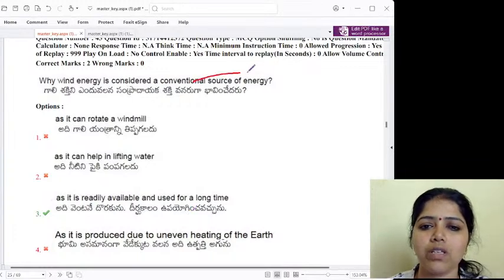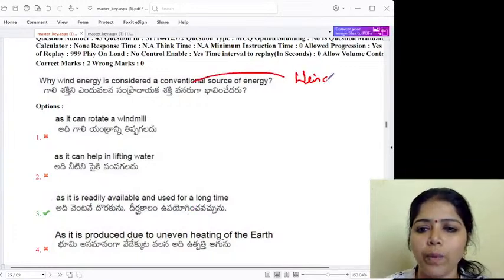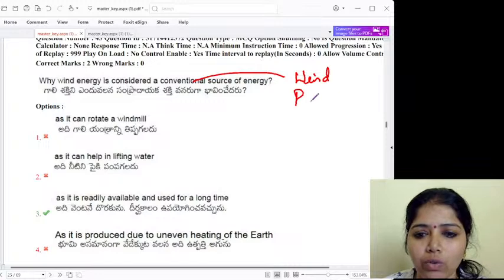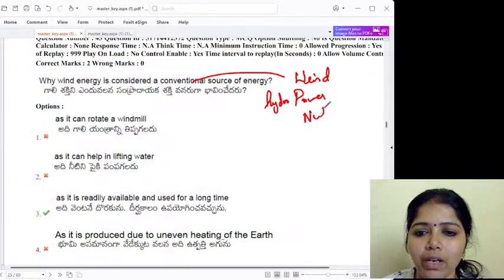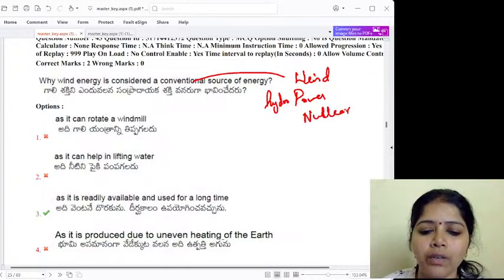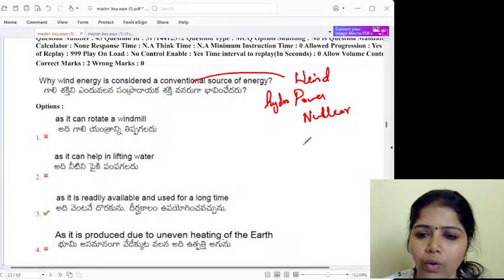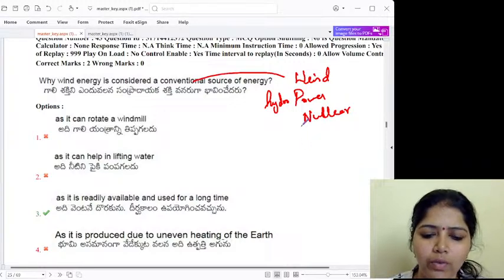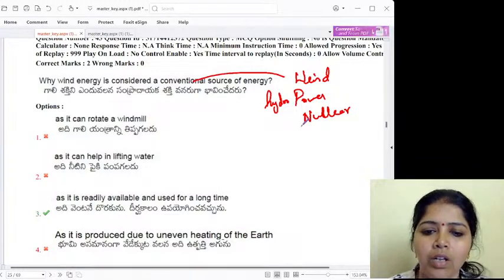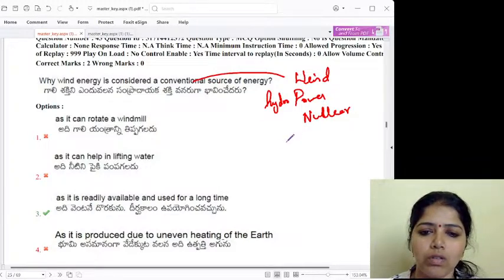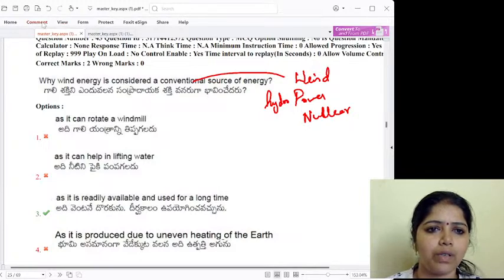Those who are preparing for the NET exam, please listen kindly. The energy which we generate through wind, hydropower, nuclear, and whatever things, right? The conventional sources of energy, like coal.